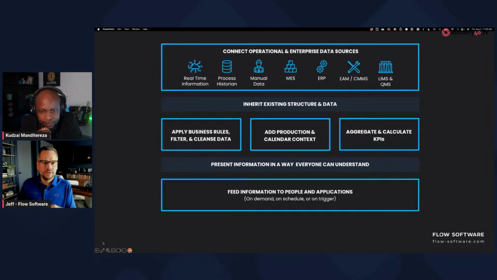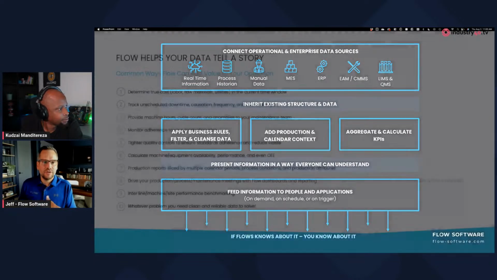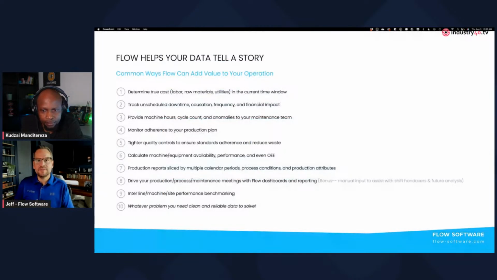Then share everything that's connected to Flow, all of the outputs that we've created, with your people and your applications, and do that on demand, do that on a trigger, do that on a schedule. Ultimately, if Flow knows about it, we want you to be able to know about it. So what does that actually mean? Well, it means that Flow becomes really good at helping your data tell a story. And there's lots of common ways that Flow gets used inside of operations to help do that.